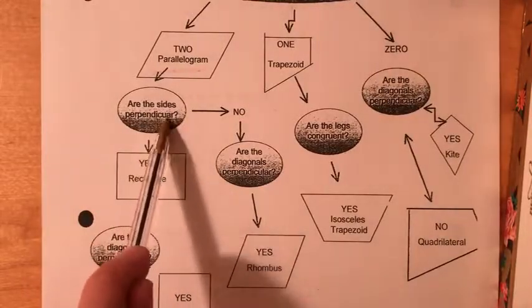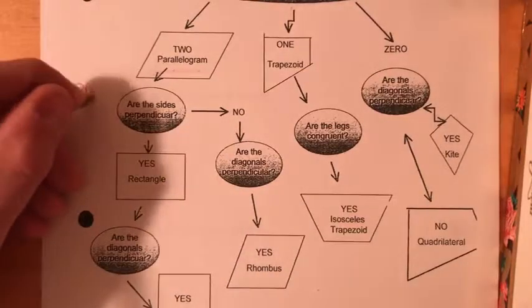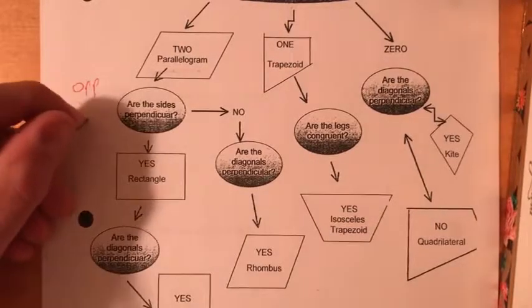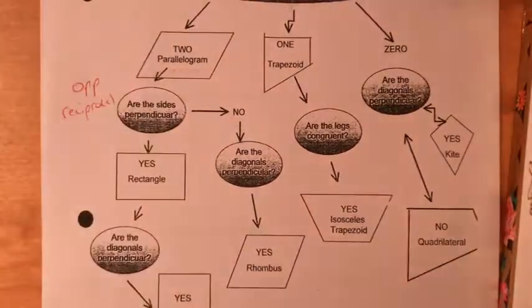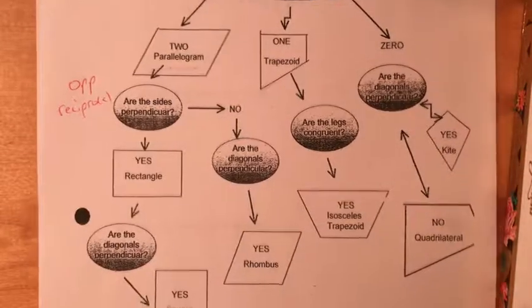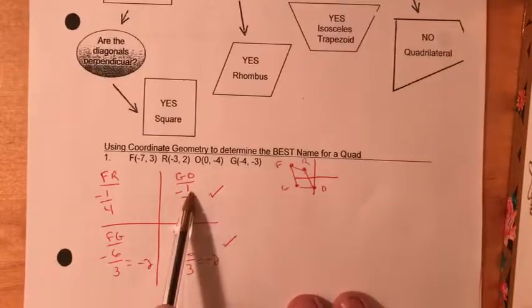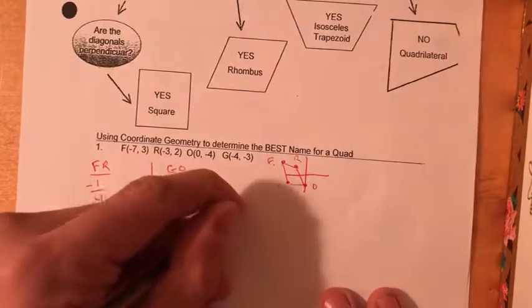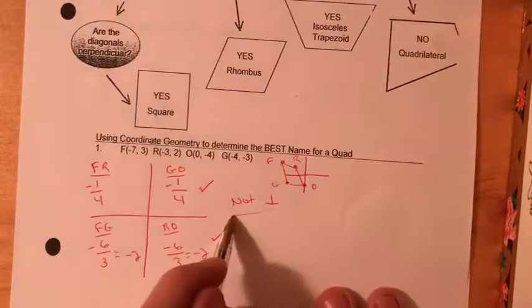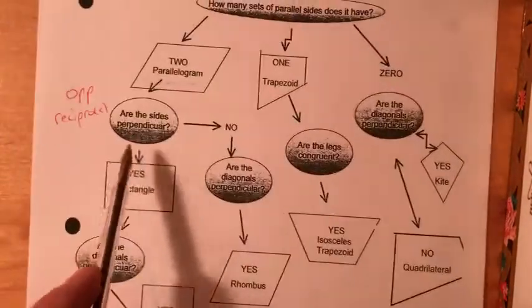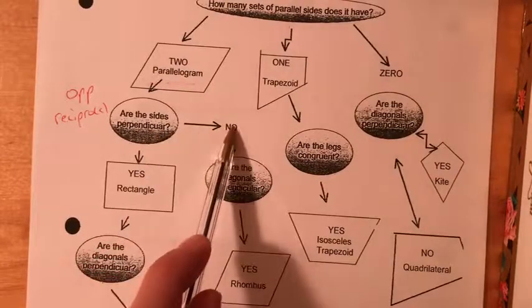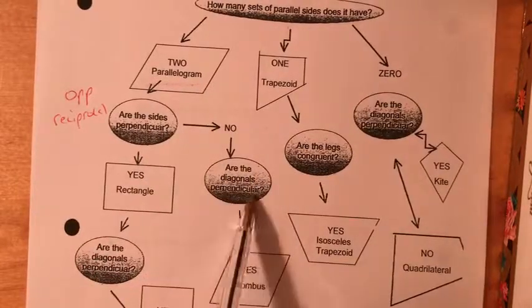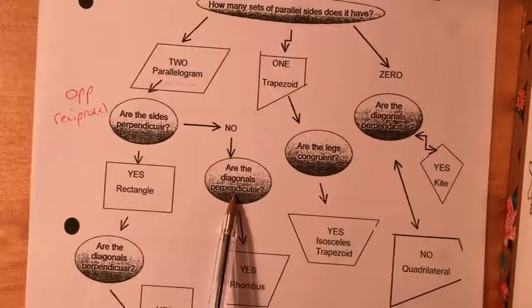In order for the sides to be perpendicular, we'd have to have opposite reciprocal slopes. So I have a -1/4 and a -2. Those are not even anywhere near perpendicular, so they are not perpendicular. So when you go up here, are they perpendicular? We can say no.